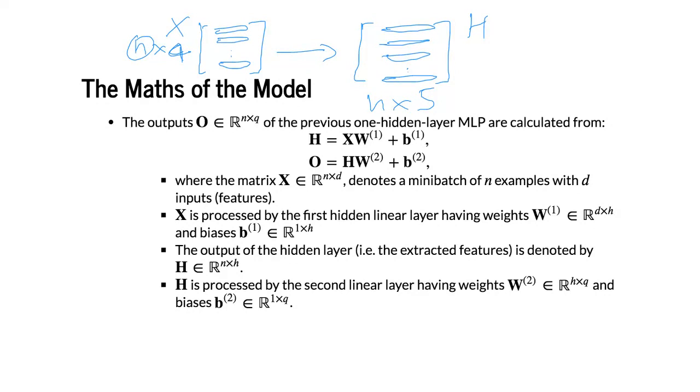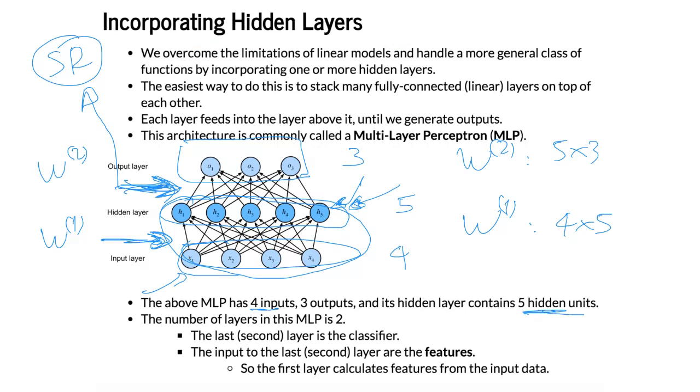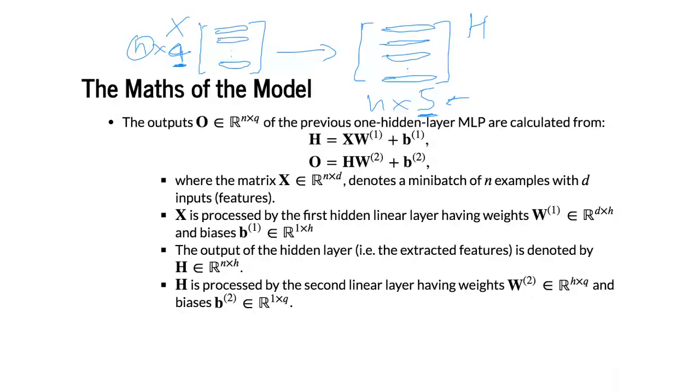The only difference is that X, for each row, has 4 features, whereas H, for each row, has 5 features. And how do we know this number 5? We know here because we have 1, 2, 3, 4, 5 features, right? Whereas in the input, I have 1, 2, 3, 4 features. So H will be a matrix of dimensions n times 5.